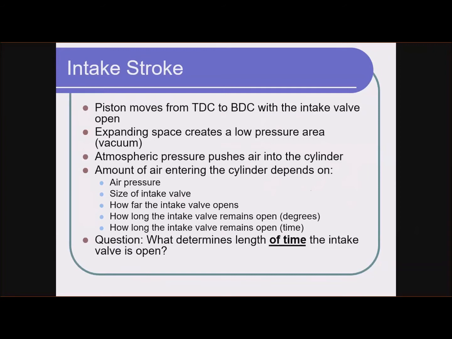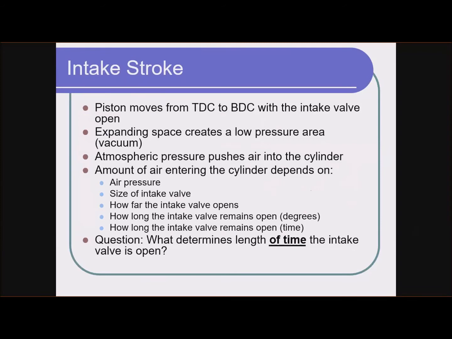So the amount of air entering the cylinder depends on a lot of things. So what's the pressure, right? A turbo or a supercharger drastically increases the pressure. It's going to drastically increase how much air goes into the cylinder. And you've got to remember, engines make more power by pumping more air. So the more air you can get into that cylinder, the more power that engine's going to make.